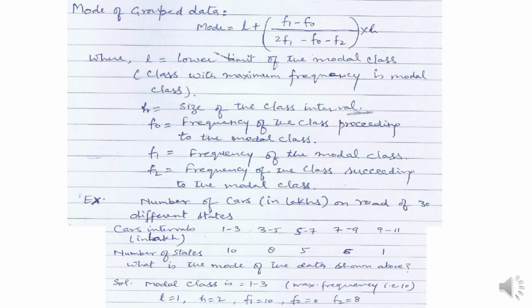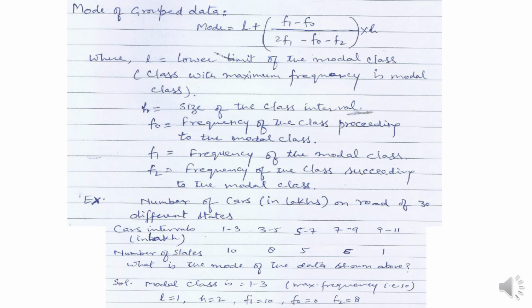The class with maximum frequency is the modal class. h is the size of the interval, f0 is the frequency of the class preceding the modal class, the previous one, and f1 is the frequency of the modal class, and f2 is the frequency of the class succeeding the modal class, the next one. So the frequency of the class next to the modal class.